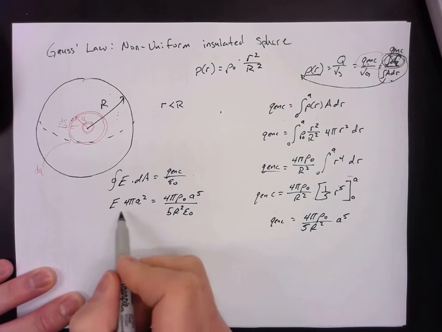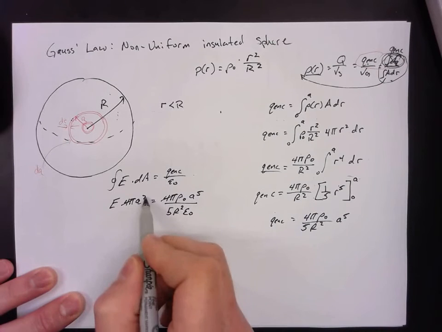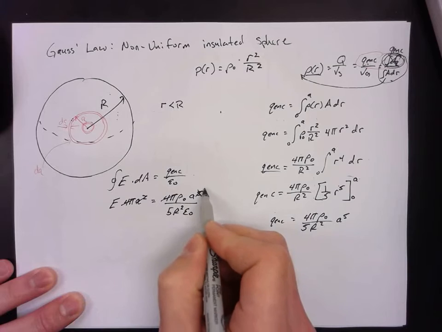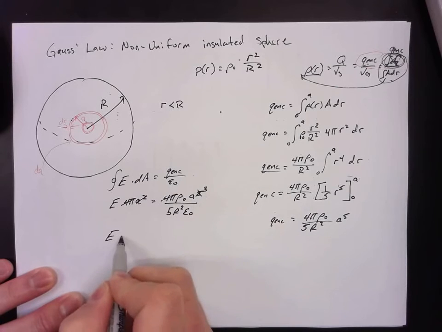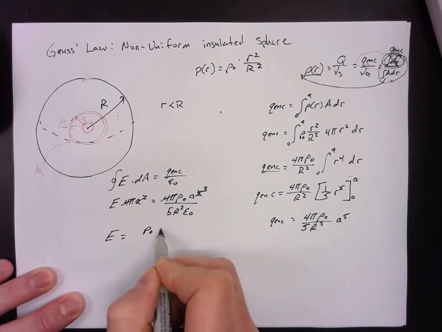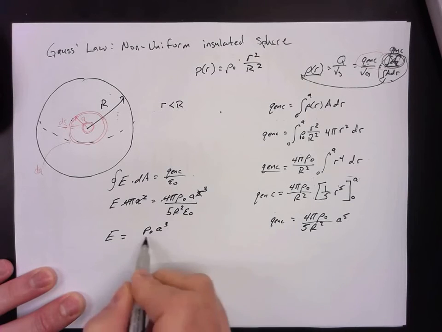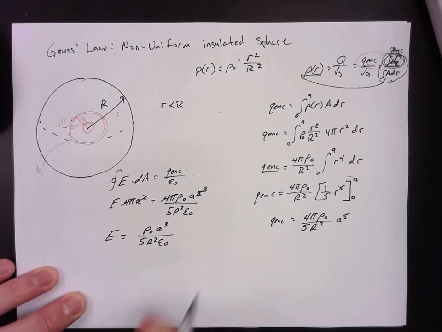We can see some things canceling here: the 4 pi, and 2 of those a's over here. So that E is equal to rho naught a to the 3rd over 5 R squared epsilon naught.